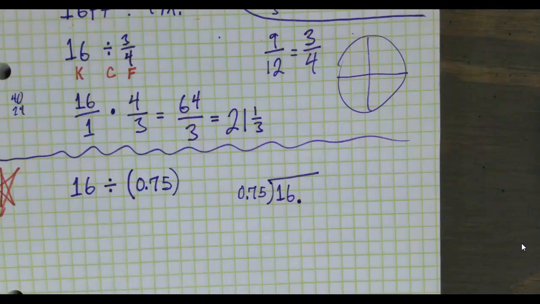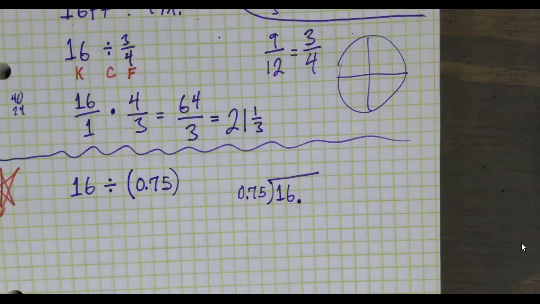So again, because I teach middle school, to the 16 and the 0.75, we can do multiplication or division, as long as we do it to both. I could double both of these and get 32 divided by 1.5, but that doesn't feel better.